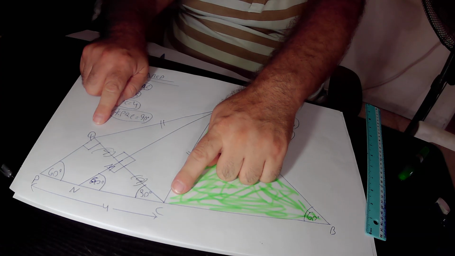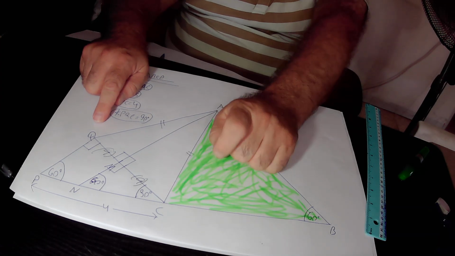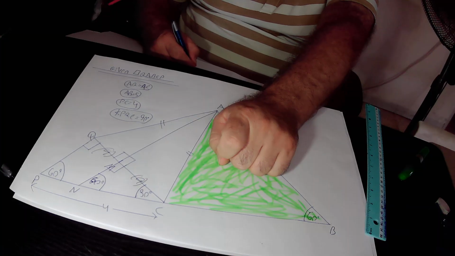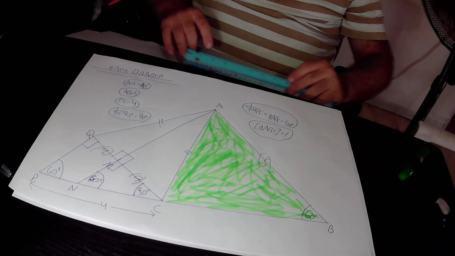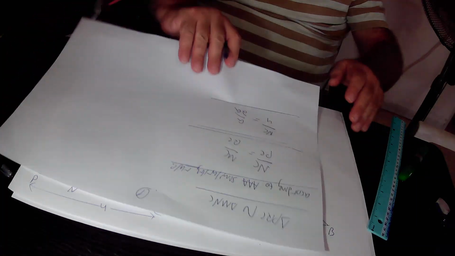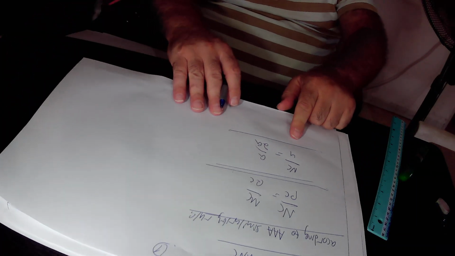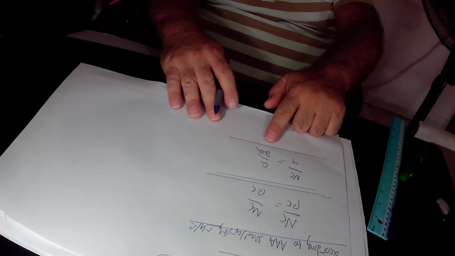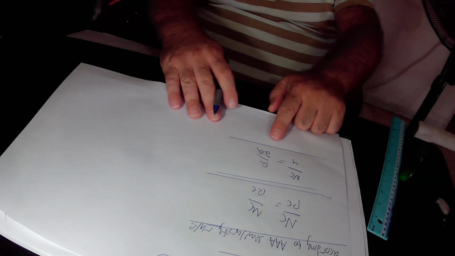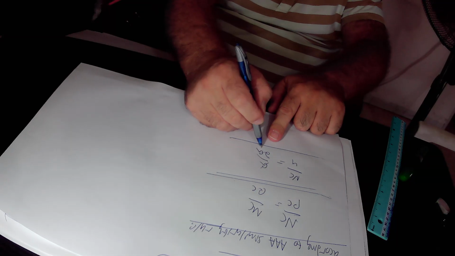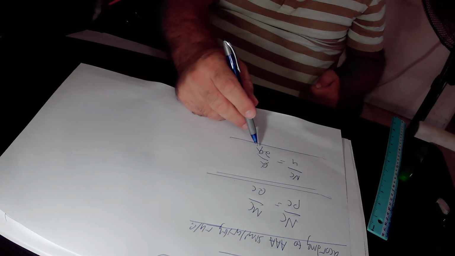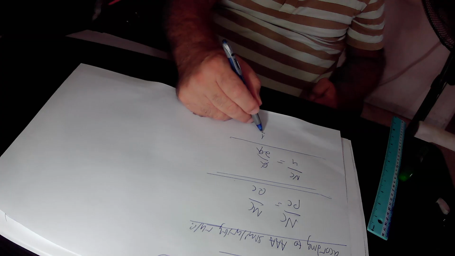QC equals A plus A, that is 2A. So in total, we found out that NC over 4 equals A over 2A. Here we have A in the numerator and A in the denominator, so A will get cancelled. So we are left only with 1/2.